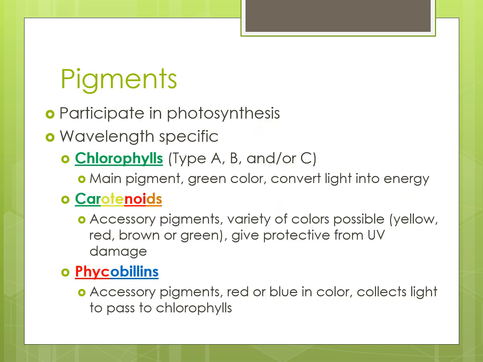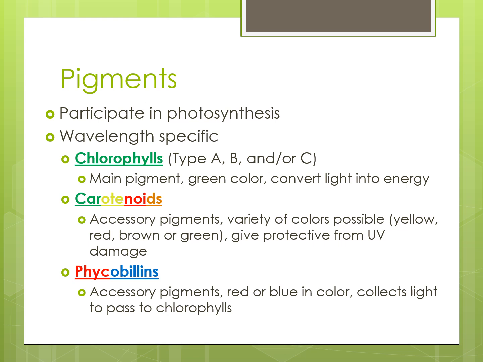So remember that our algae are going to photosynthesize, but again, they are not plants. That means that they are going to convert light energy into food energy. And in order to do this, we need to talk about the wavelength specific pigments that are contained in our different algae.